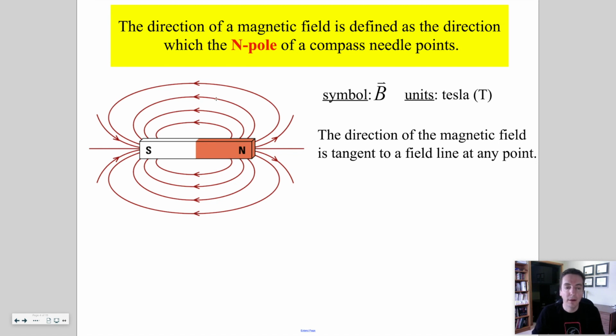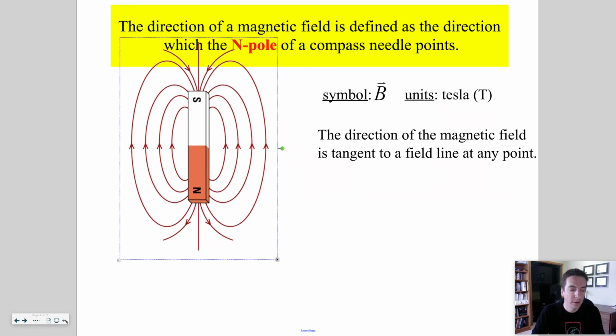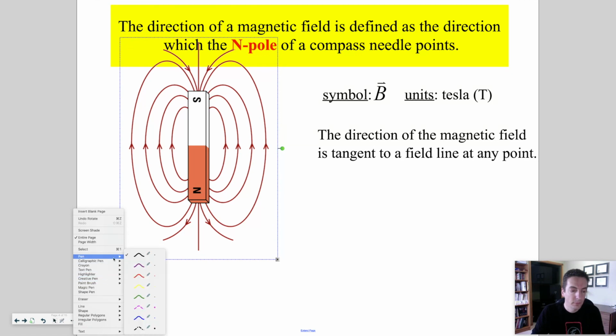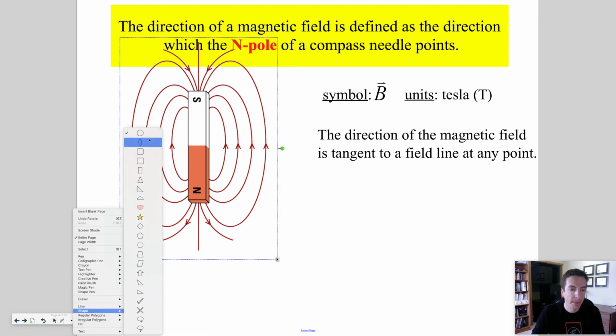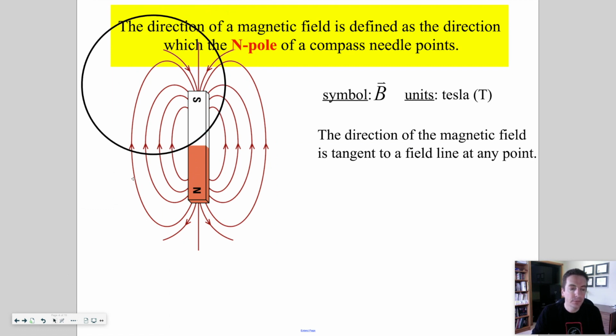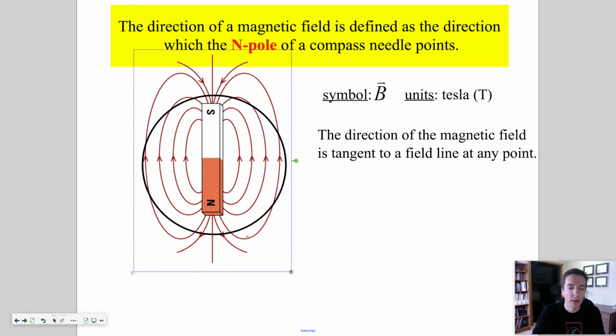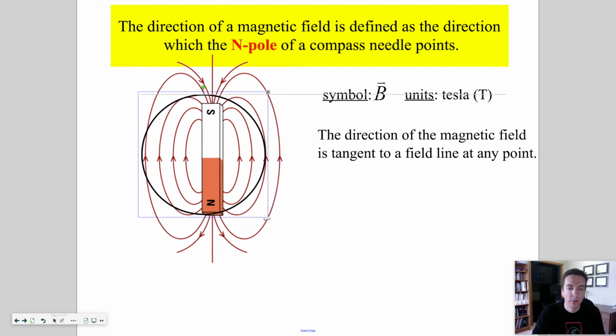This shape of a magnetic field here mimics the shape of Earth's magnetic field. So if I was to take Earth, Earth is like a big circle essentially. Hang on, I could probably do this shape. There it is. So we've got a circle. So here's the Earth, and we'll make our Earth, say, yay big.